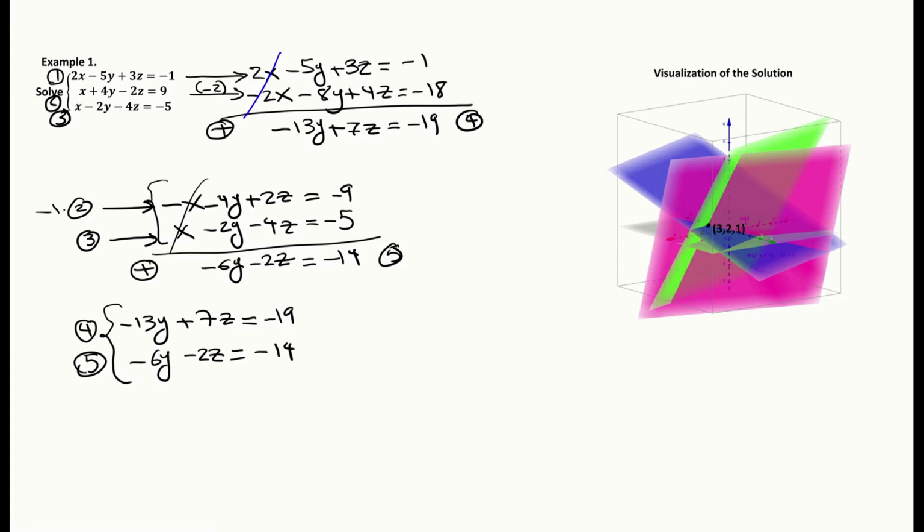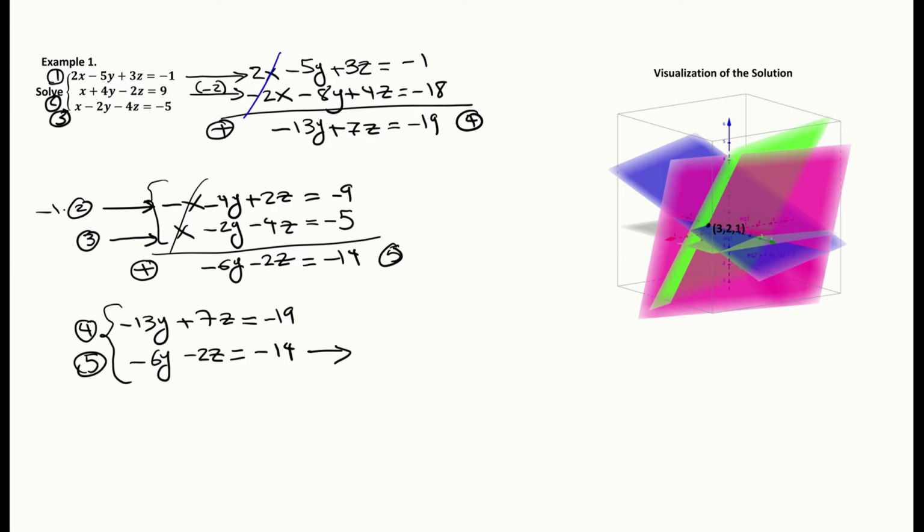Now I could just eliminate z by multiplying the top equation by 2 and the bottom equation by 7, or I noticed that I have a GCF of negative 2 which I can get rid of. Let me do that first because that's going to make my life easier.